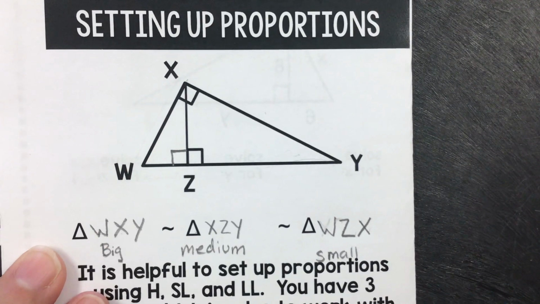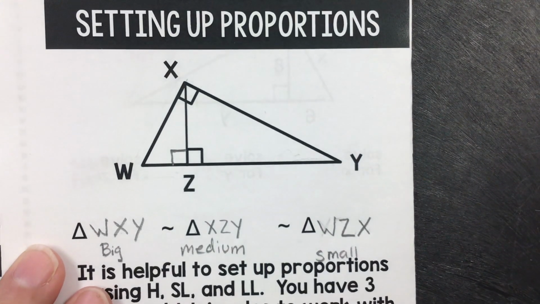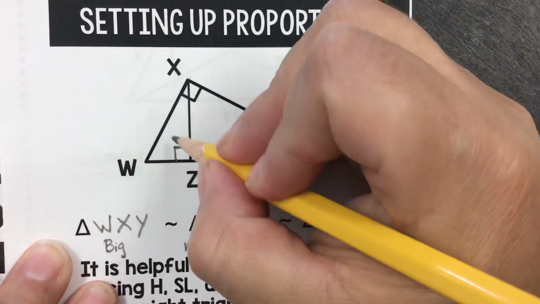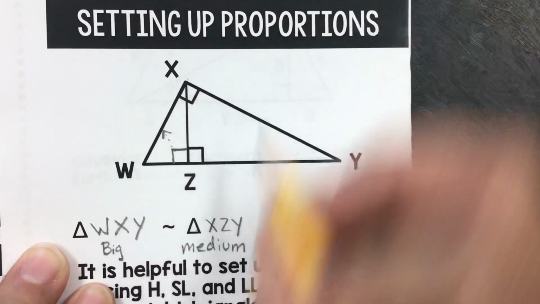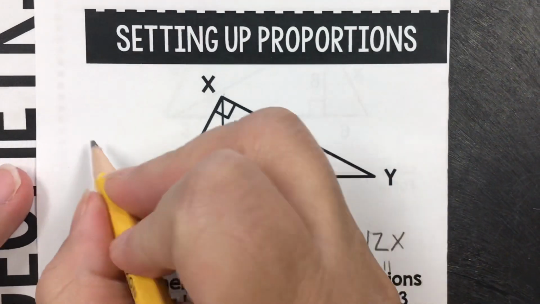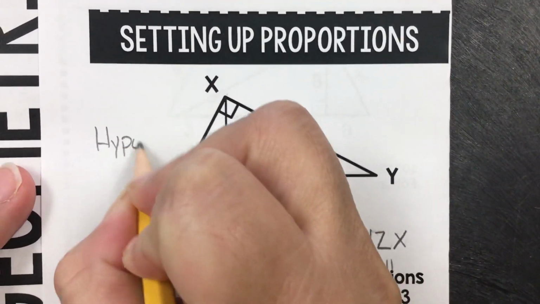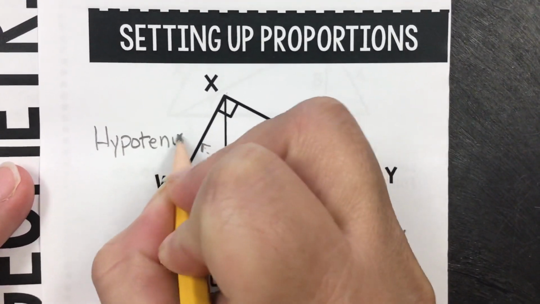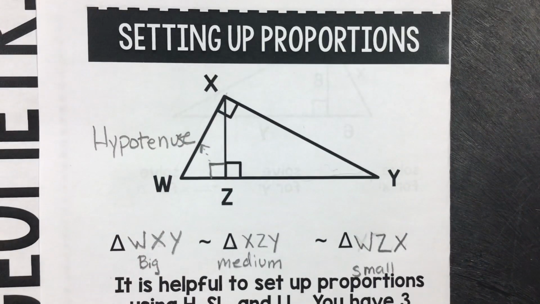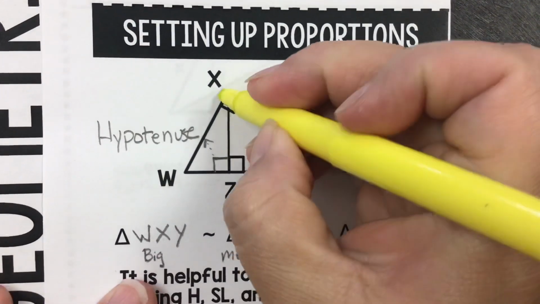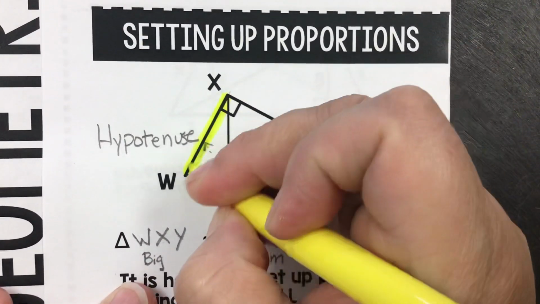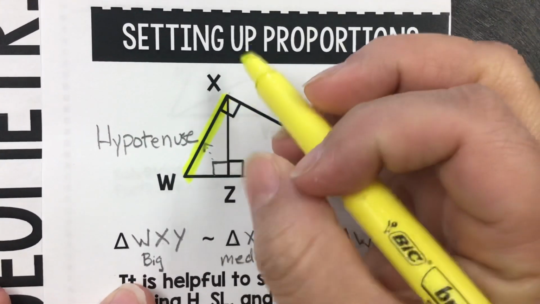This chapter is only about right triangles. So these things are only true when you have right triangles. The side opposite of that 90 degrees is called the hypotenuse. We are no longer going to call it the biggest side, but it is the biggest side of the triangle.